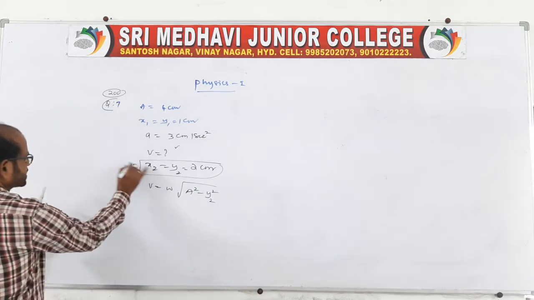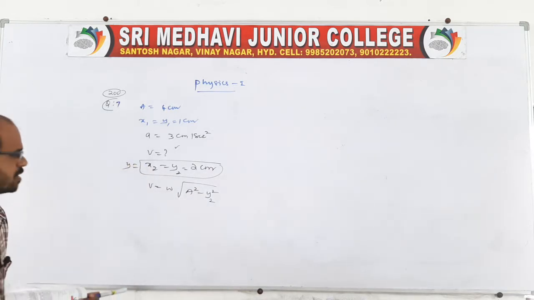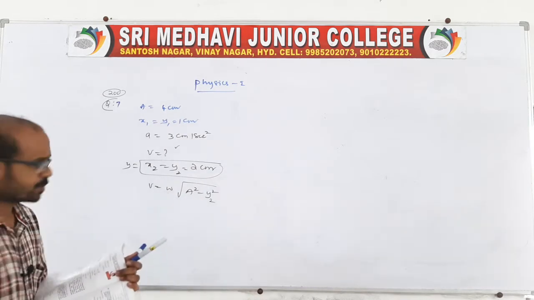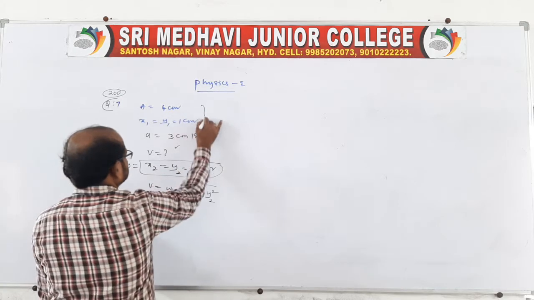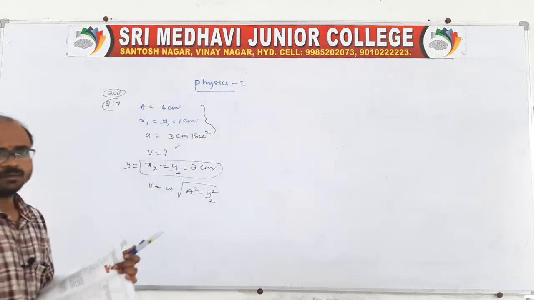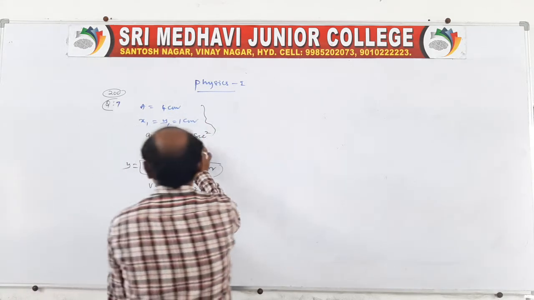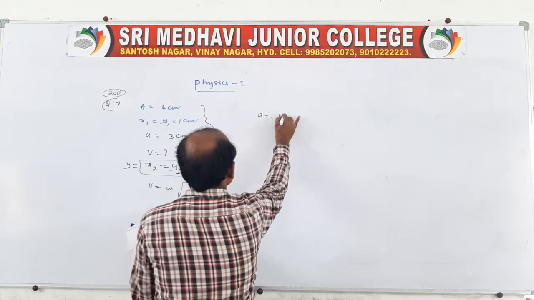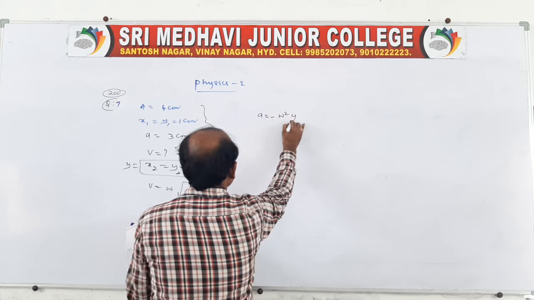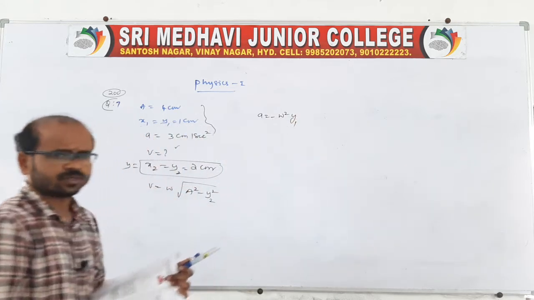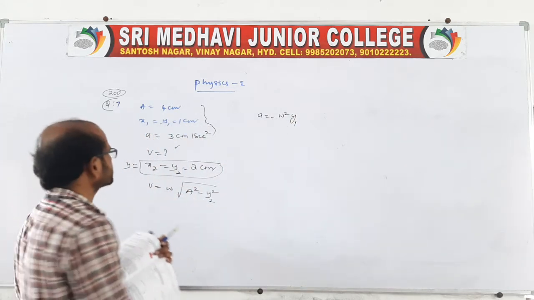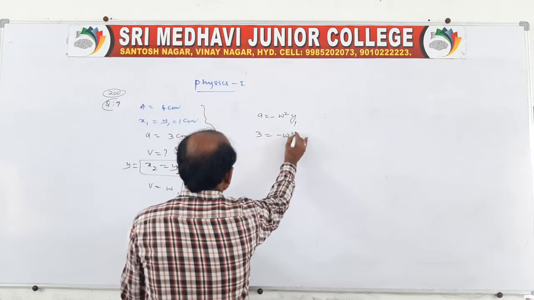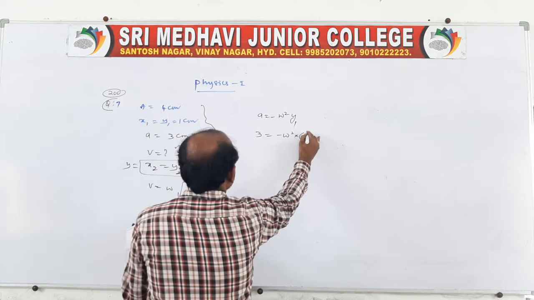We know a but we don't know omega, which we have to find using the acceleration information. An acceleration is given at a distance with this amplitude, so a is equal to minus omega square y1. So a is 3, omega square into 1, since y1 is 1.